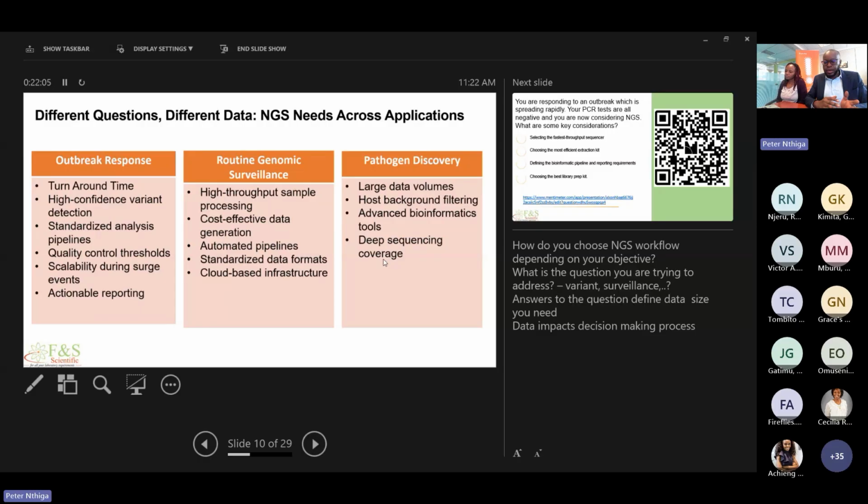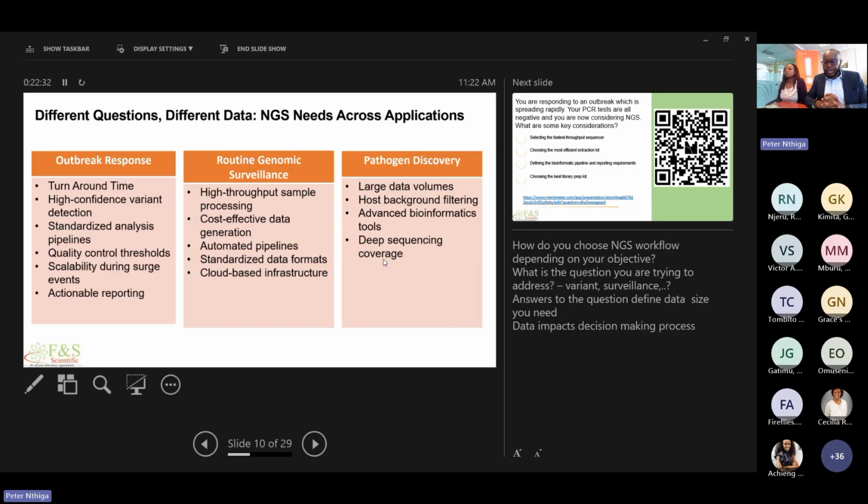If the aim that we want to address is pathogen discovery, for example, aspects like whether we have large data volumes, for example, if you're doing a shotgun metagenomics approach, will really come in handy in your decision-making process. Whether you need advanced bioinformatic tools to be able to, for example, discover those variants with confidence.